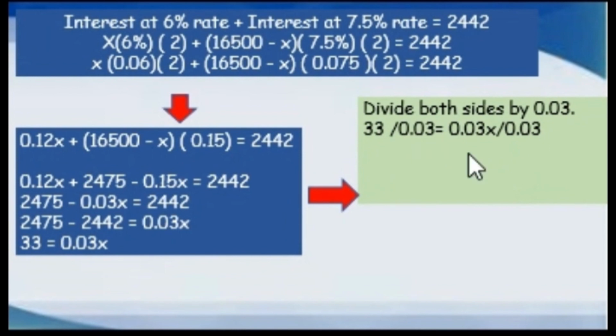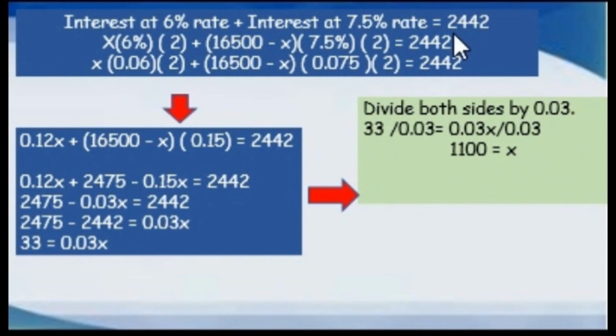Okay? So, cancel natin si 0.03 sa kabilang side. So, ang naiwan is si x na lang. And this is 33 divide 0.03. So, ang result is 1,100. So, therefore, yung amount na ininvest niya doon kay 6% is 1,100 pesos.